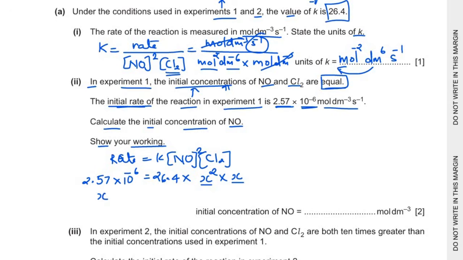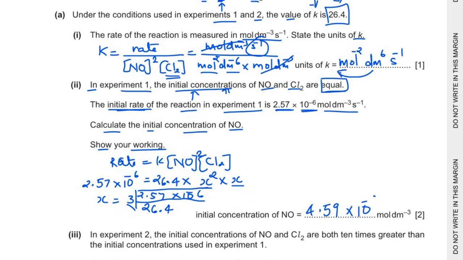Now x, if we want to find out, then it is the cube root of 2.57 into 10 power minus 6 upon 26.4. So here we end up with the equation. Finding the cube root of this whole value, we can write it as 4.59 into 10 power minus 3.